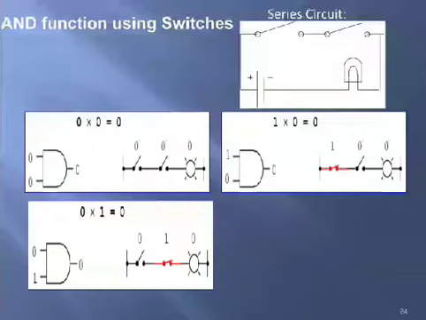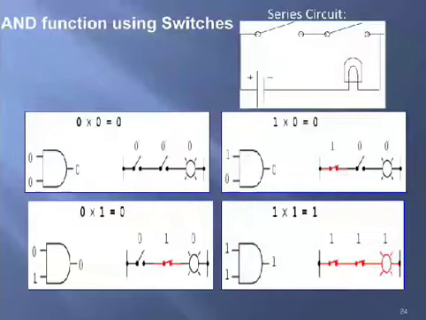Similarly, for the third case, 0 into 1 is equal to 0 also: switch A is open and even though switch B is closed, since switch A is open, there is no closed path for the current to flow and for the lamp to glow. So since the lamp is not glowing, you can treat that state as logic 0.